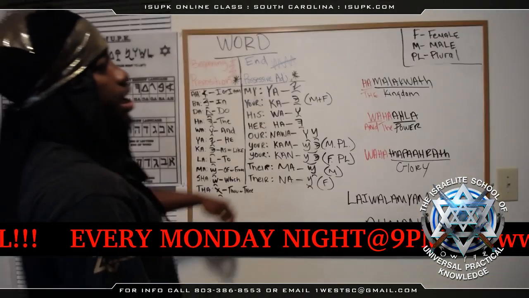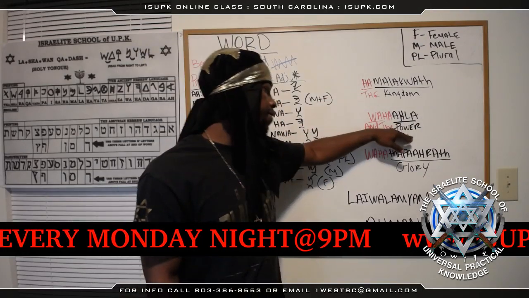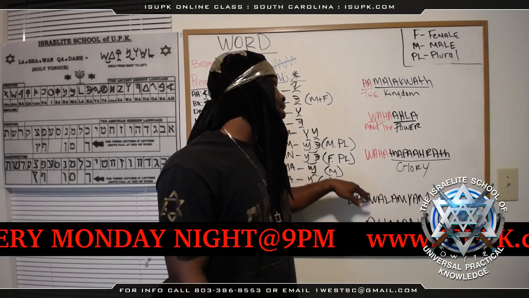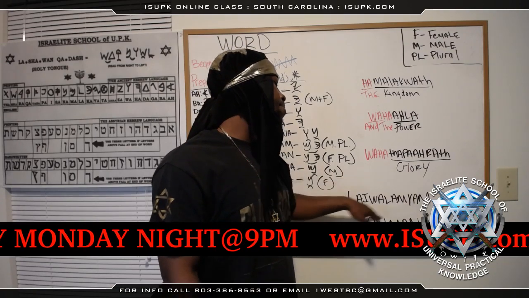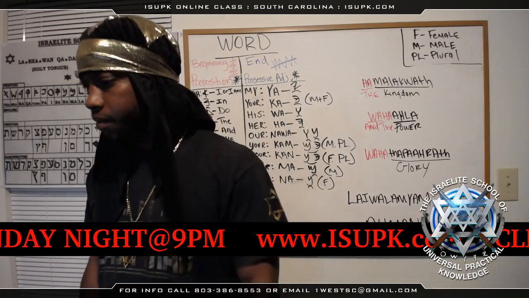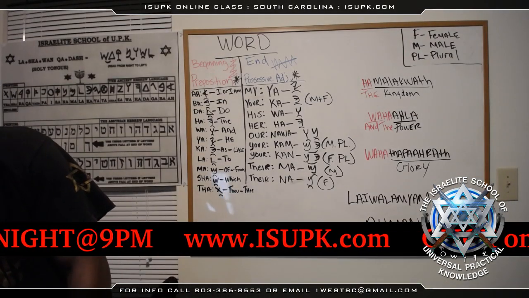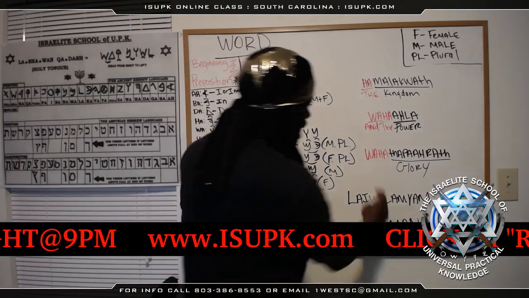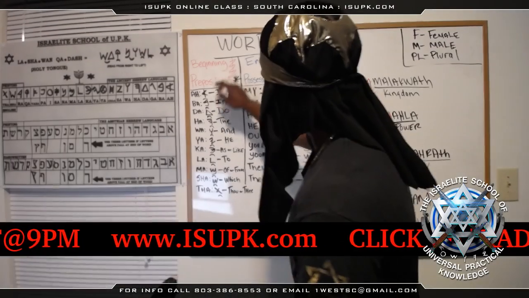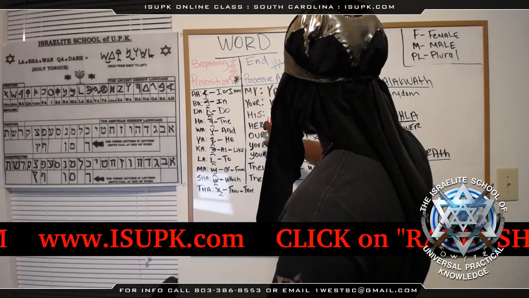So we got Hamalakwa, Wahala'a, Wahatapara, La'ai-Walamyum, Aman. Alright? So what does YAHANNA mean? Let's break it down. You got the Y in the beginning, Y. Because see, look, we have Y at the end too.